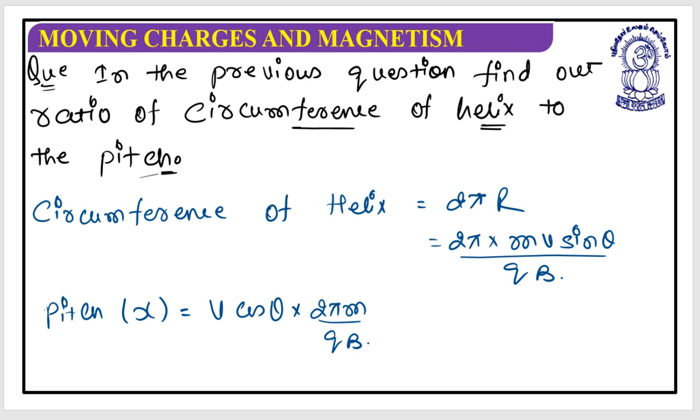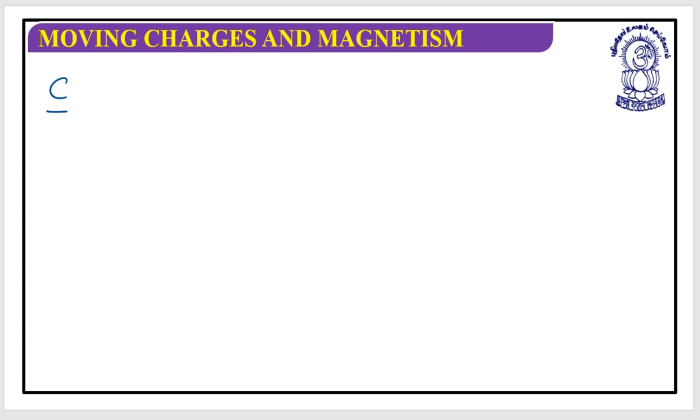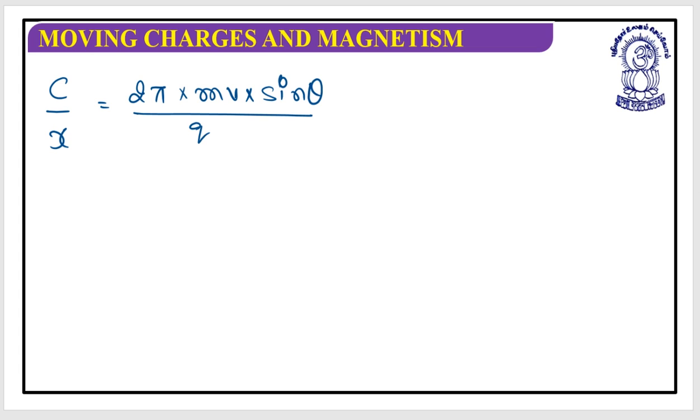So now let's take the ratio. Circumference of the helix, let's denote it as C and the pitch as x. So C equals 2 pi multiplied by mv multiplied by sin theta divided by qB. The pitch is v cos theta multiplied by 2 pi m divided by qB.